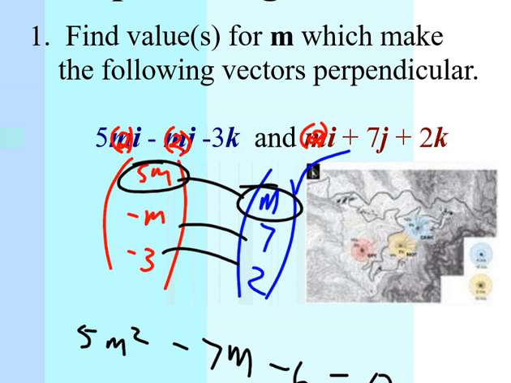Yes? Parallel. All right, so what if you have 2 that are parallel? What would the angle between them be? Could you have an angle between them if they're parallel? No. All right, so if you came up with no solution, that could be a reason.